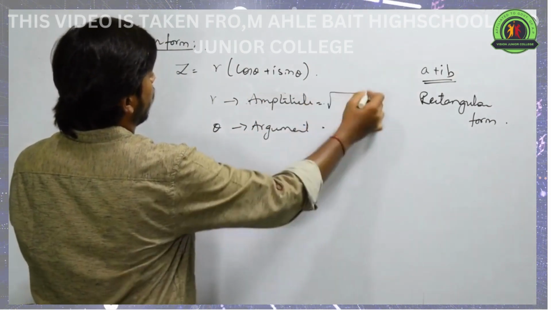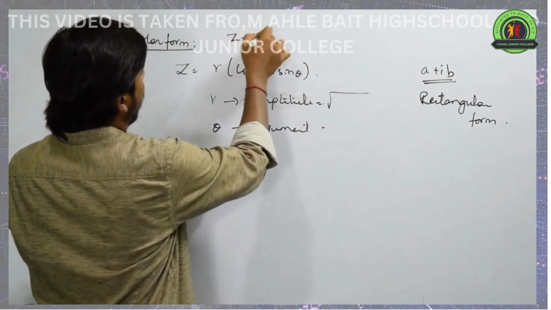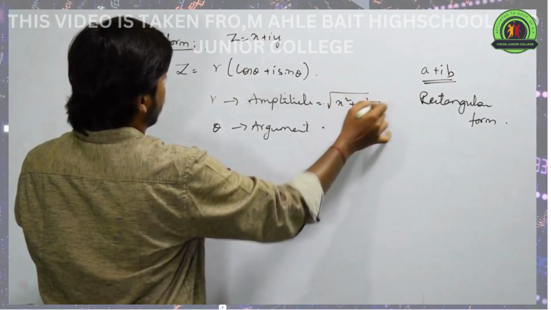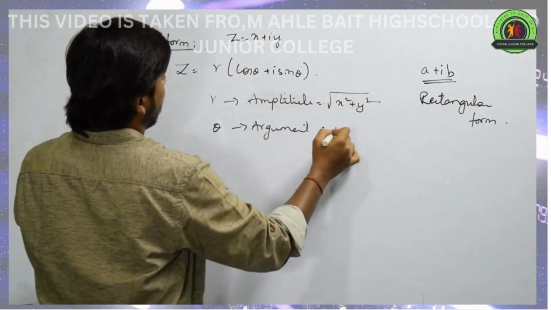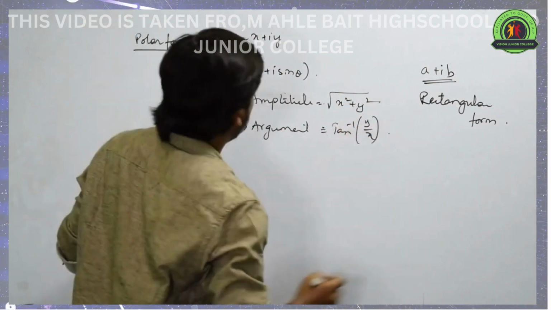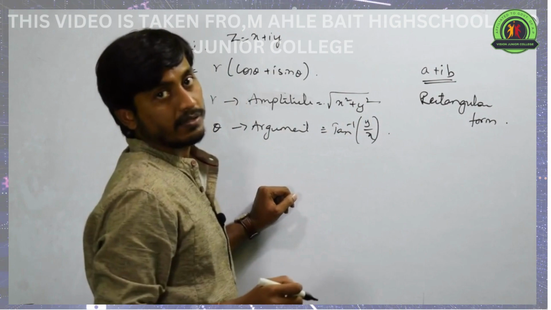This is nothing but to convert z is equal to x plus iy into this form: r is the square root of x square plus y square, whereas the argument is tan inverse y by x. Clear? Yes or no?